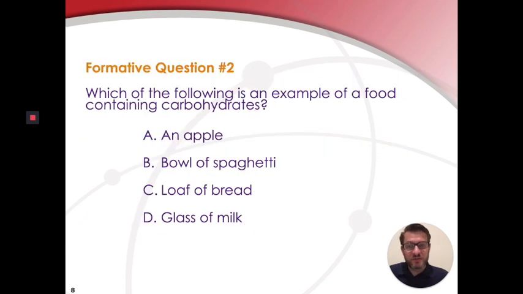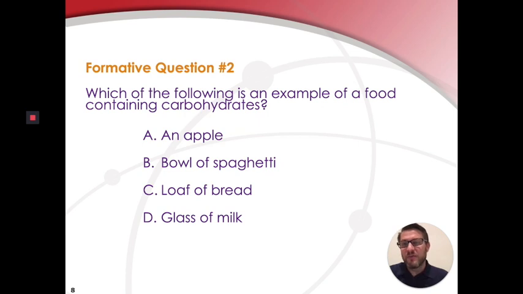So the next question: which of the following is an example of a food containing carbohydrates? I'll give you a hint, there's more than one. The correct answer is all of them. All of these foods have carbohydrates in them in one form or another. You might hear people talk about, oh, I'm on a low-carb diet.